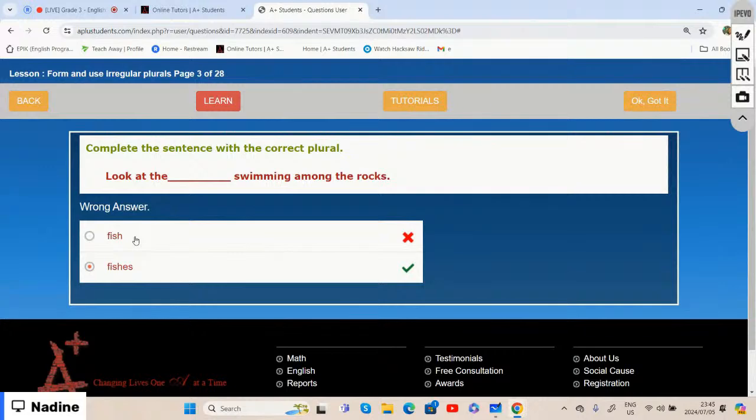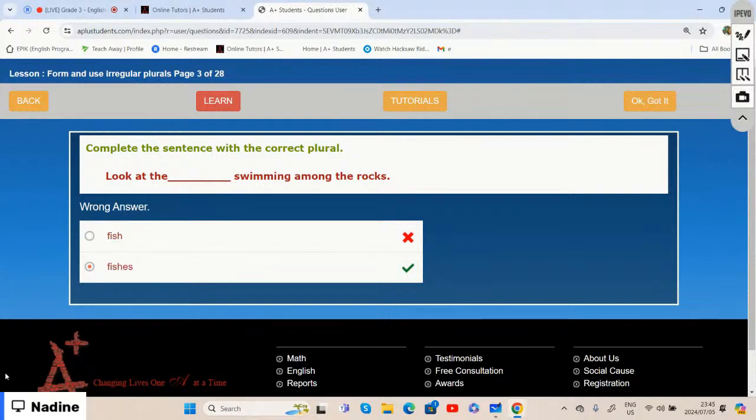But if we are referring to all the kinds of fish that are, for example, in the sea, or in the pond, or we're talking about different kinds of fish in a pond, river, dam, or lake, then we say fishes.